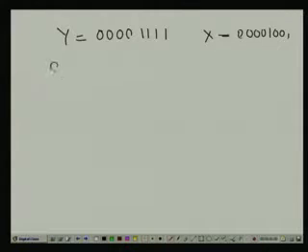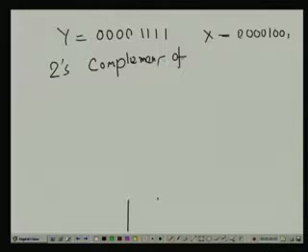Then if I take 2's complement of x, then it will be 1 1 1 1, flipping the bits, and this is 1001 means 0 1 1 0.